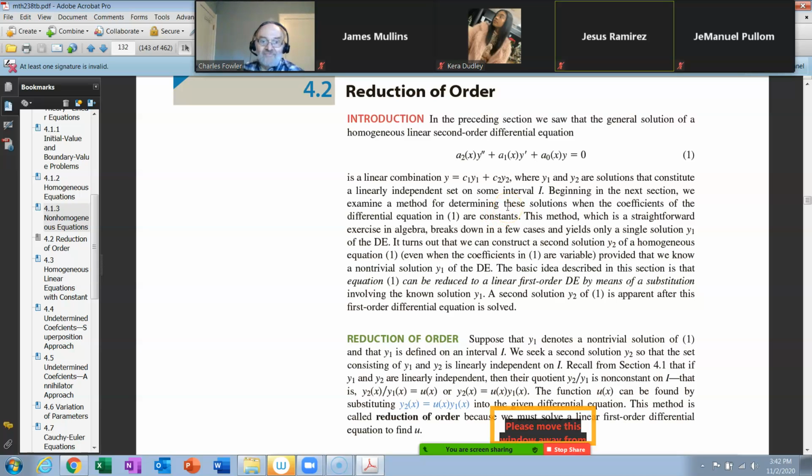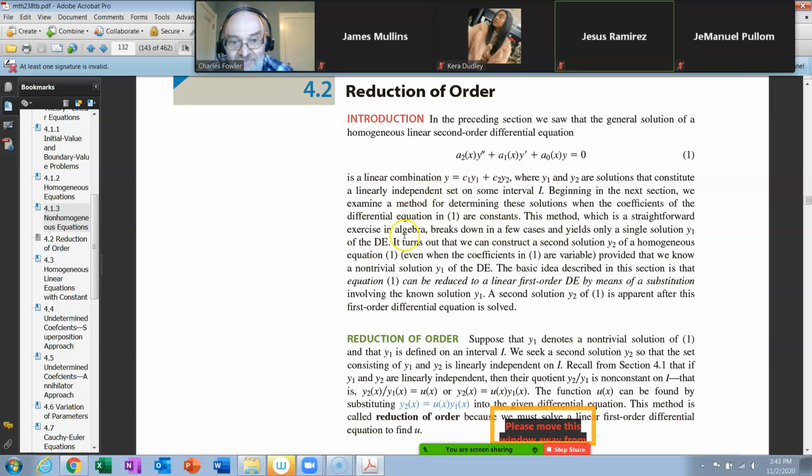That's what we're getting at, finally, okay? When the coefficients a sub 2, a sub 1, and a sub 0 are all constants, that method, which is a straightforward exercise in algebra, breaks down in a few cases and yields only a single solution, y1, of that differential equation.